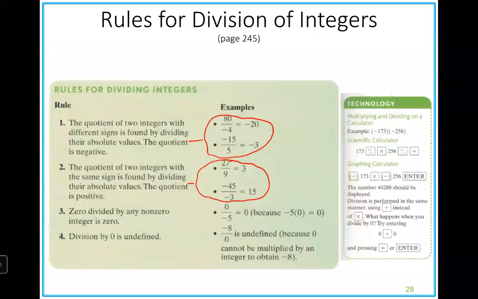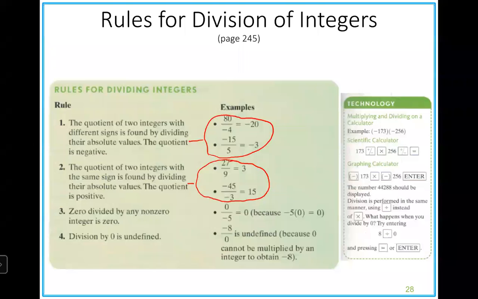Now remember, this rule does not apply for addition. It only applies for multiplication and division. And then number 3 is saying to you that if you divide 0 by any non-zero integer, the result is 0. So if you have 0 as your numerator and you divide by any integer aside from 0, your answer will be 0.